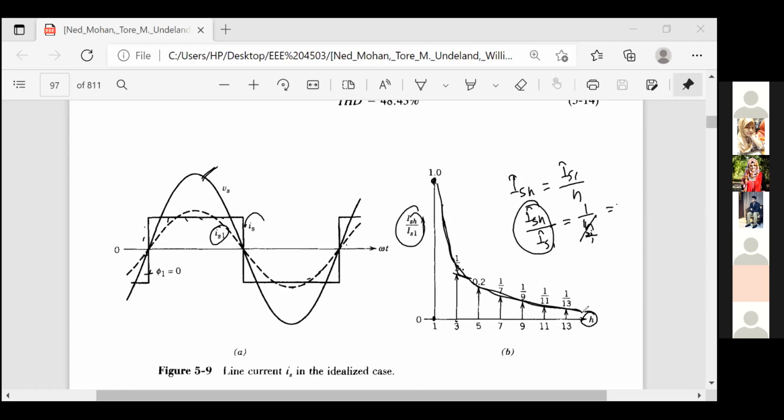Higher harmonic components are not a big problem, but we have to eliminate at least up to the fifth or the third harmonic so that we'll have an almost sinusoidal current. So when you do your masters or PhD, you can find a lot of ways to reduce these harmonics to make it as sinusoidal as possible.